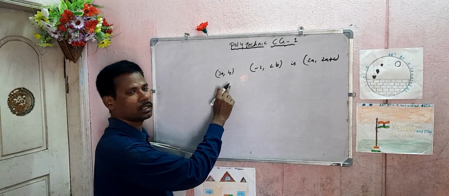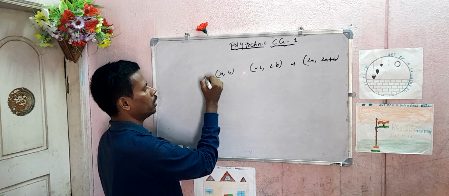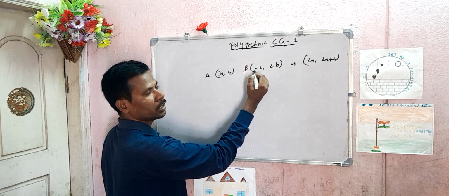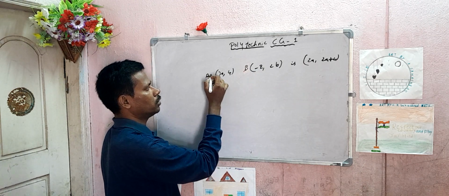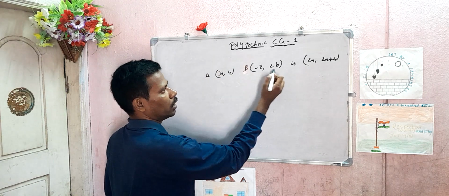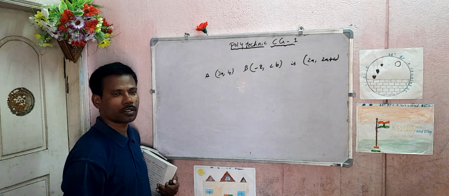Here what is being said is the midpoint of these two is this one. One coordinate is given as a, one coordinate is given as b. The midpoint of these two is nothing but (2, 2a plus 2). What is the value?